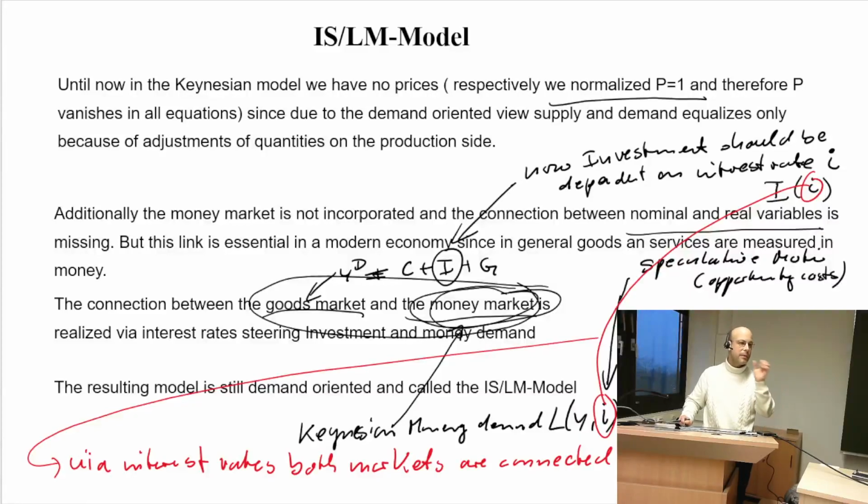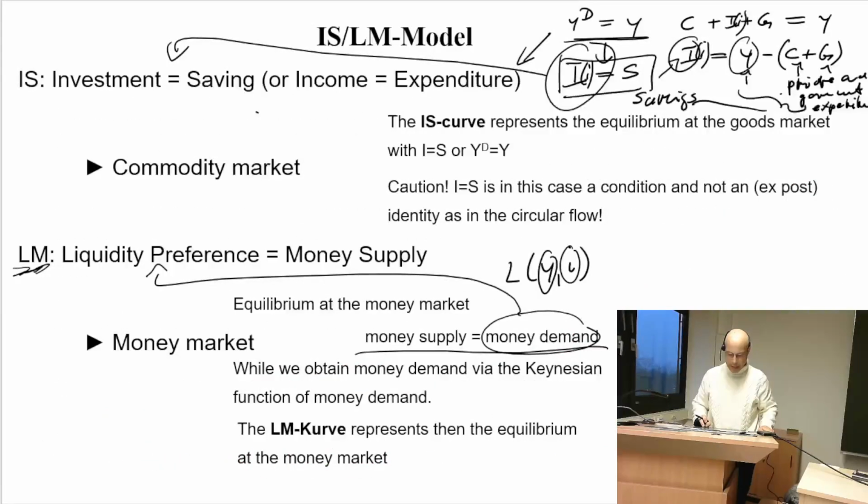And these two markets will be connected, of course, via interest rates, because at first investment in the commodity markets is dependent on interest rates, and we already talked about the demand for money, which is also dependent on interest rates.